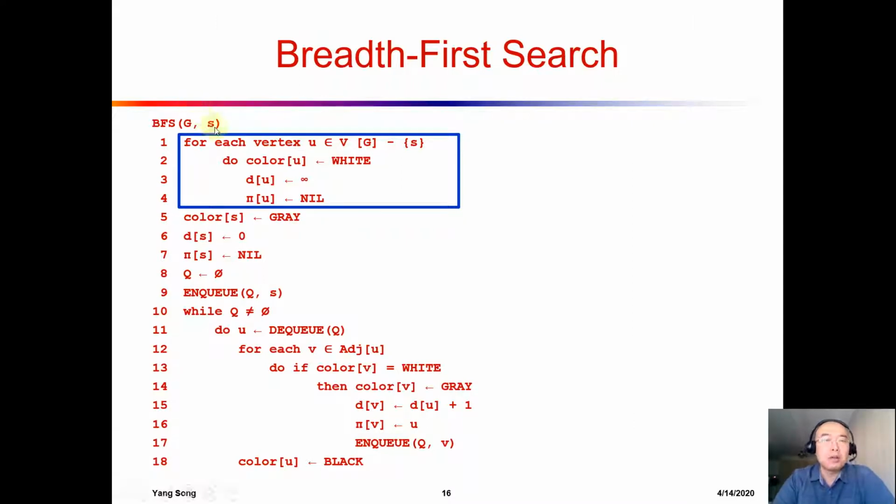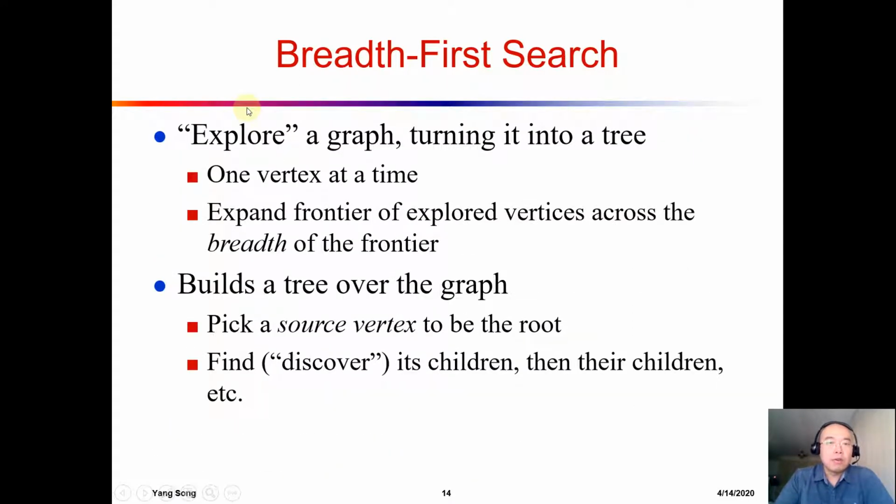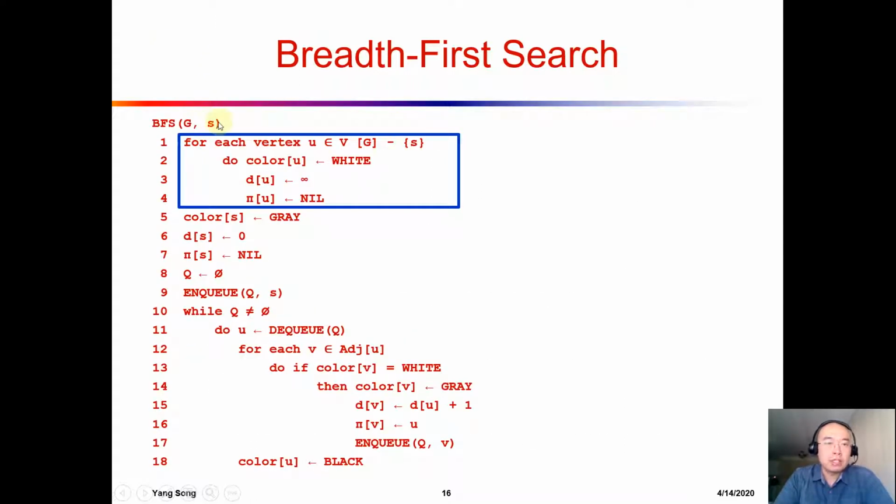And remember, we also need the second parameter s, and s will be the start point of the search or the root of the search tree. So remember, the ultimate goal is, when we do the breadth first search, we want to explore the graph, and also we want to build a tree structure based on the graph, right? So s will be the root.